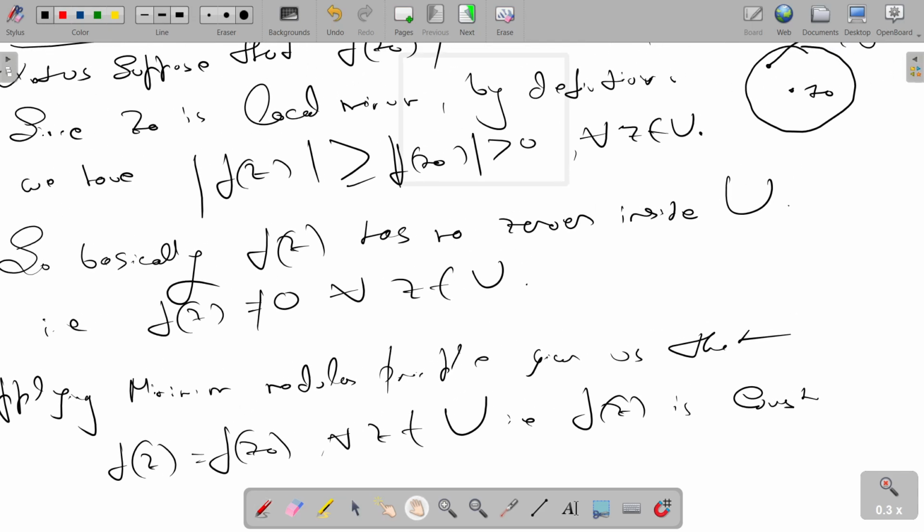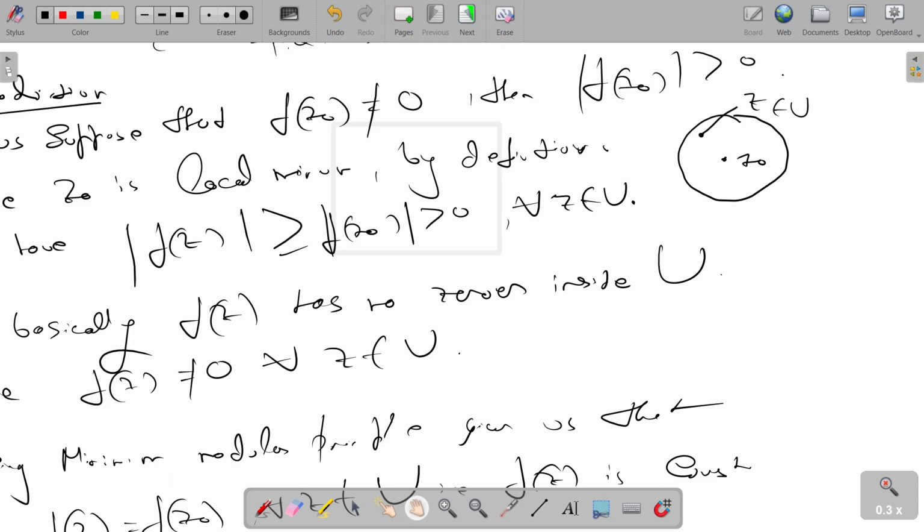And this is true because the function is entire, so it's analytic on U, and it is also continuous at the boundary. So f(z) is continuous at del U, the boundary of this, so the minimum will be attained at del U. But we know that z naught is a local minimum, so that is not possible. So everything has to be constant, and the value is clearly f(z naught).